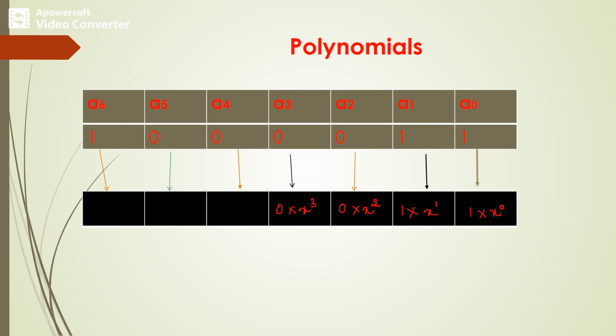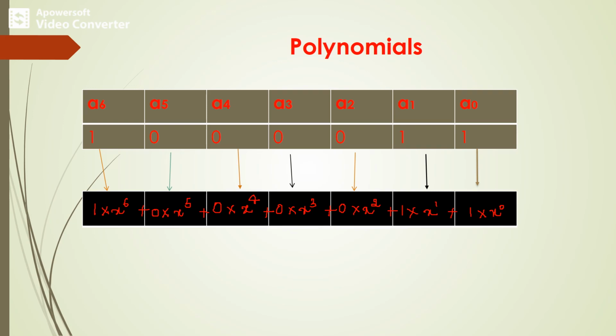A4 is 0 into x power 4, and A5 once again is 0 into x power 5, and the last one is 1 into x power 6. We need to consider the addition symbol, or plus symbol, in between.